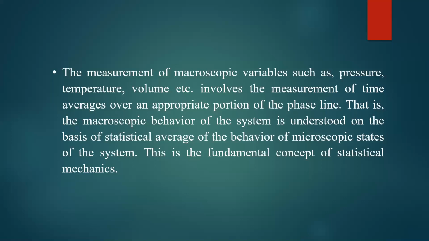The temperature of that dynamical system can be measured by taking the statistical average, because it is an analysis of large data. That's why statistics is involved here. That is the reason why this branch is called statistical mechanics.